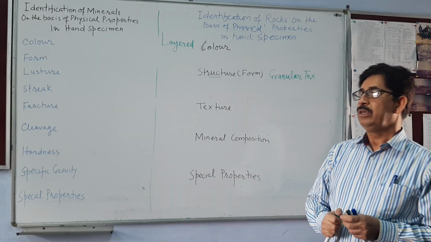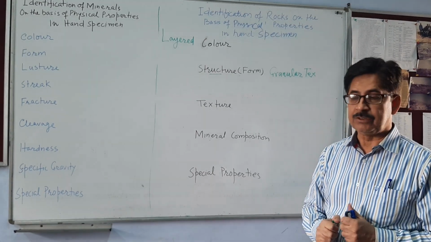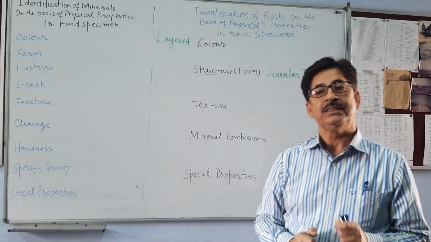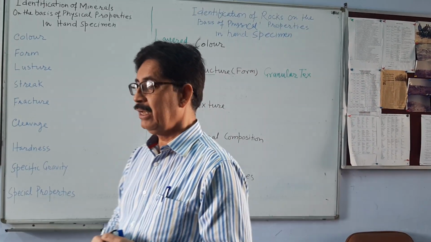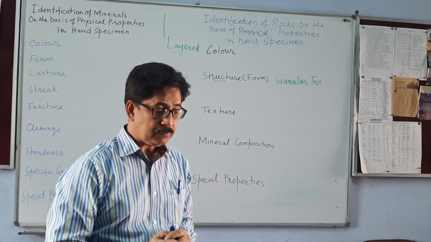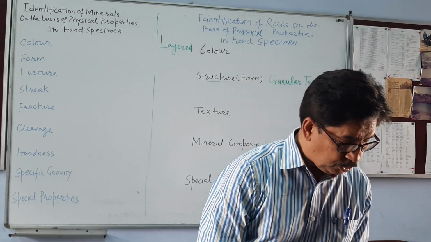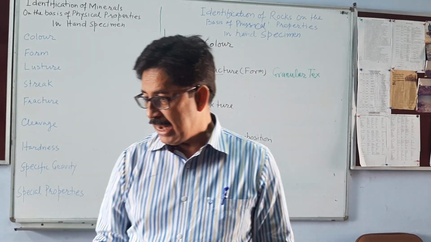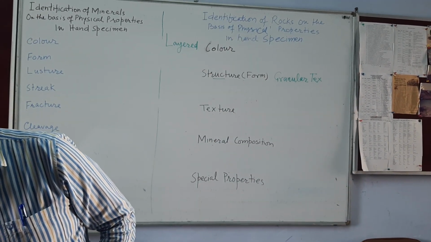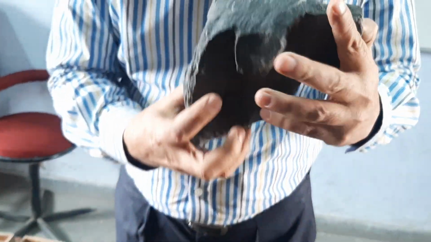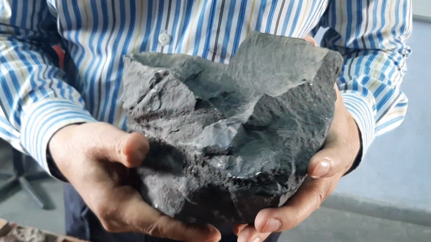Now, as you know, we have 3 groups of sedimentary rocks. One is clastic sedimentary rock, another is non-clastic sedimentary rock, and third is organo-sedimentary rock. So let me show you first of all some organo-sedimentary rock, and I can show you this rock, which is a coal deposit. You can see this is a coal deposit.